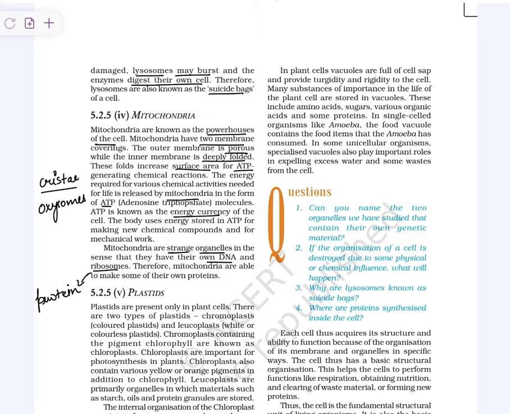And DNA है, therefore they are also self-replicating. And माइटोकॉन्ड्रिया के पास खुद का DNA है और राइबोसोम्स है, इसलिए माइटोकॉन्ड्रिया को हम सेमी ऑटोनोमस ऑर्गेनल भी कहते हैं. सेल्फ रेप्लिकेटिंग ऑर्गेनल है.